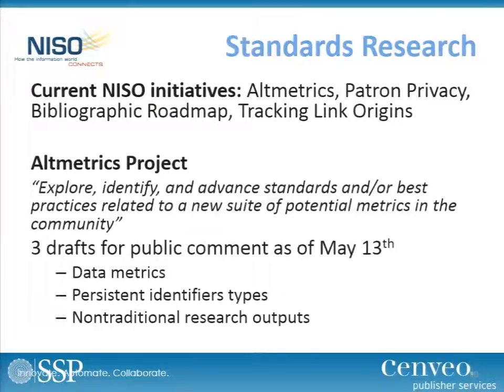They're on data metrics, about data citation and usage, about persistent identifier types in research, and it surveys a very broad scope of identifiers, not just DOIs and ORCIDs, but the whole range, and then non-traditional research outputs, content beyond just articles and books. And so these are very broad and very interesting surveys of things that could be potential value adds to our scholarly publishing landscape.